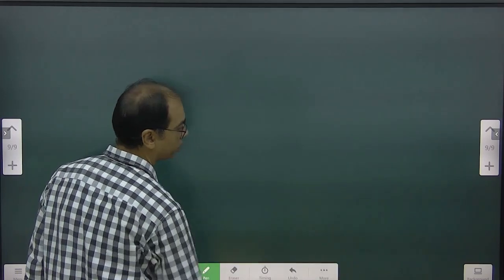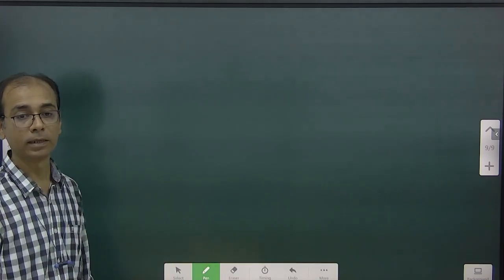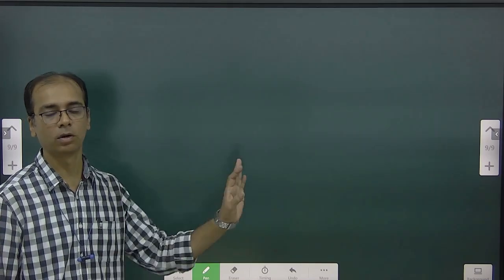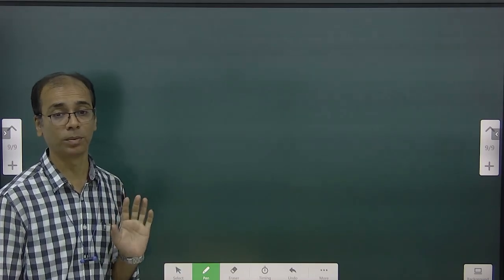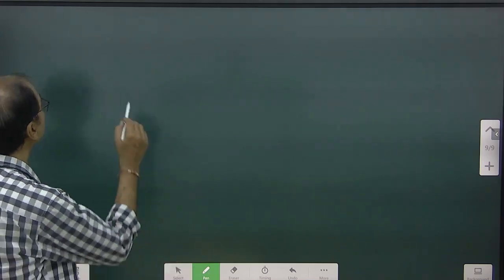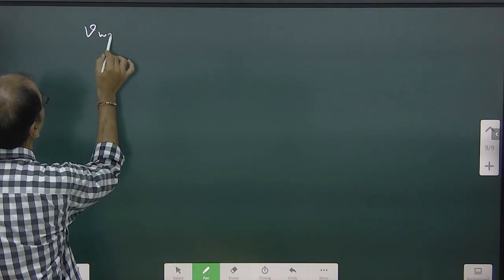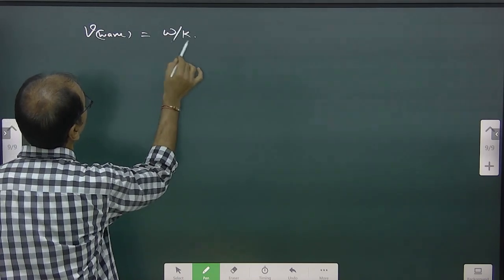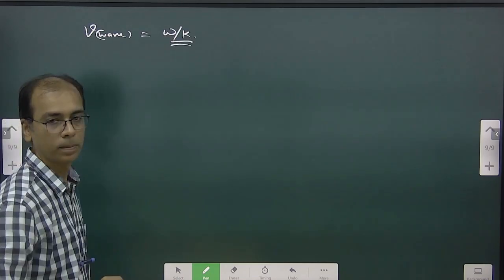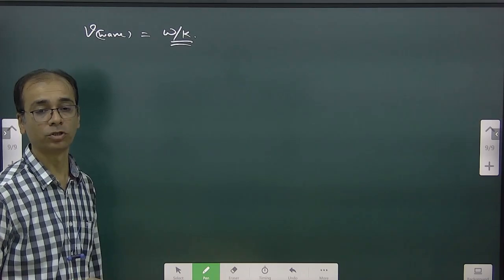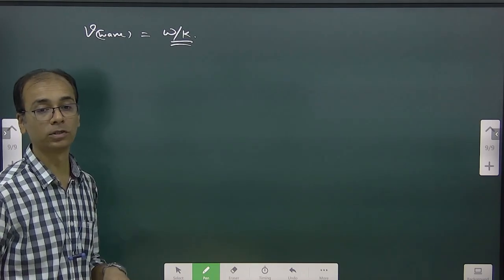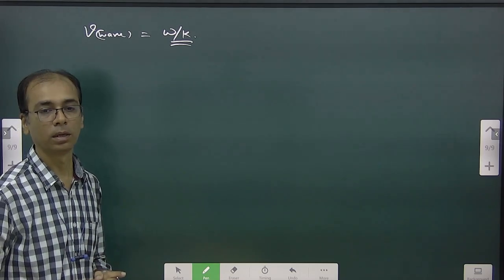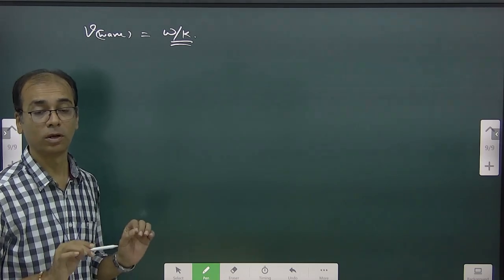Now, the relation between velocity of particle and velocity of wave. We know that the wave is traveling along the x-axis and its velocity is omega by k. But what about the velocity of the particle? That also should be there. And what is the particle doing? The particle is doing simple harmonic motion, so its velocity we also know.